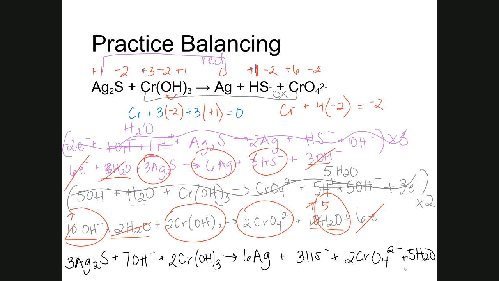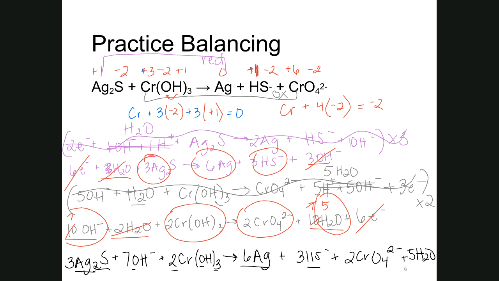So again, we can go through and double check, make sure that everything there looks good. So for my silvers, I have 6 versus 6. Sulfur, I have 3 versus 3. For hydroxide, it's easier if we don't think of it as hydroxide. Think of it as oxygen and hydrogen. So for my oxygens, I have 7 here, plus I have 6 here, so that gives me 13.